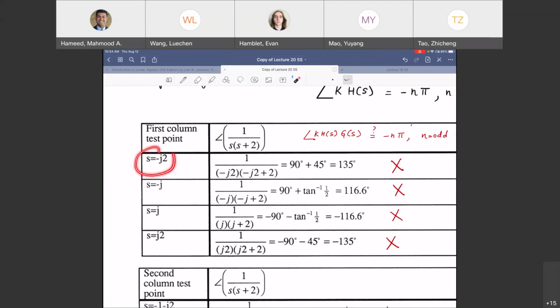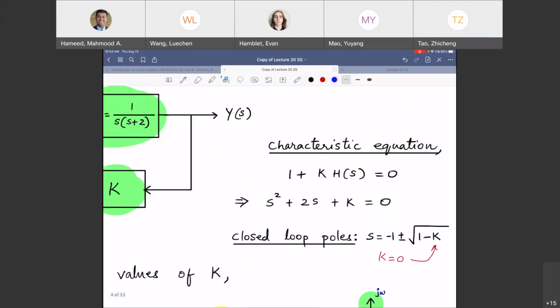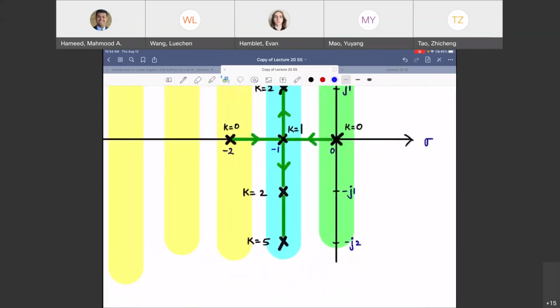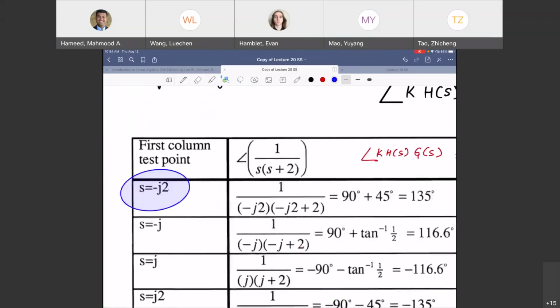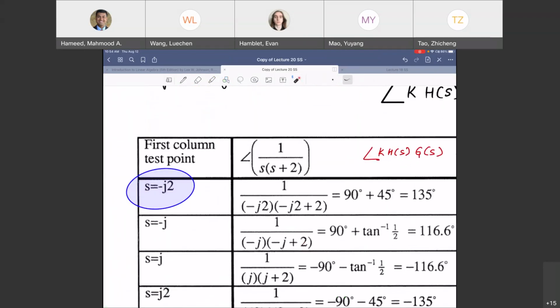So if you put in this point, negative 2j, where is this guy? So let me just, this blue, s is negative j2. Where is that? On the first test column. It's right here. Plug that in instead of s. You get 1 divided by negative 2j, times negative 2j plus 2.